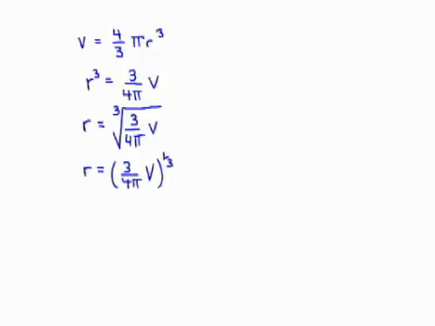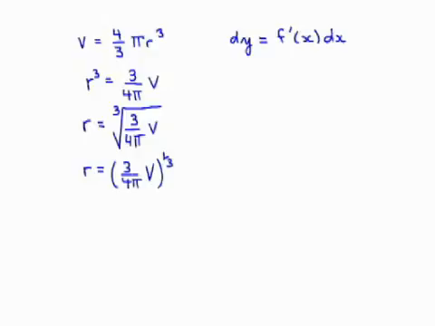The next thing we'll do is start by stating the formula for differentials: dy is equal to f prime of x dx. In this case, we're not dealing with y's and x's, we're dealing with r's and V's, or volumes.